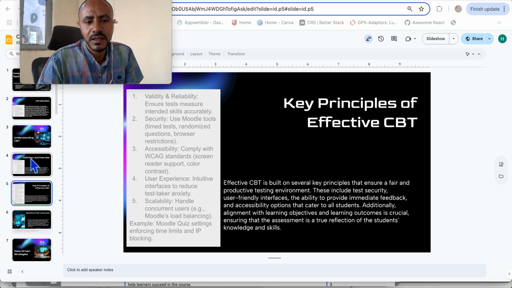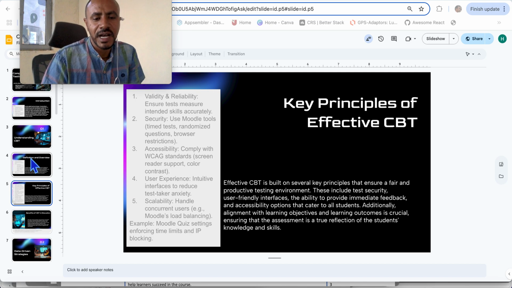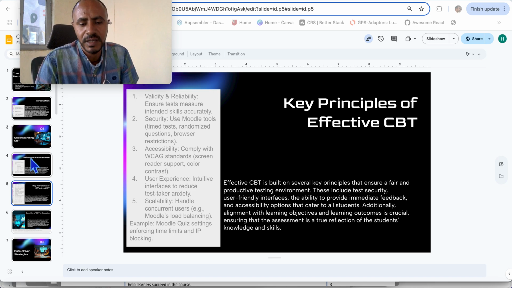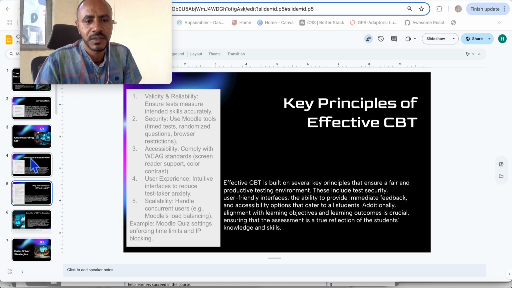Otherwise, the ICT people can introduce approaches. They have mechanisms to alleviate such challenges, but given the infrastructure limitations, any instructor should be aware of these things when planning to conduct CBT.